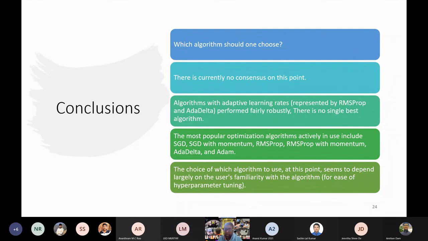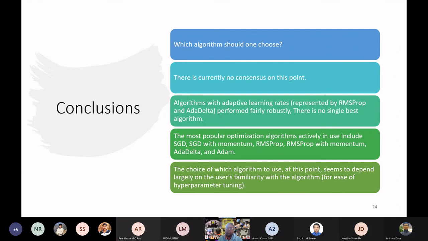But the takeaway point may be that there is no unique solution that will be the best. And if you find that you are not getting the best result in terms of your learning or validation error, this presentation should give you some tools by which you can select where you should change things. Like in the one image classification problem I mentioned, they put a stopping condition on the Adam optimizer and then switched to stochastic gradient descent.